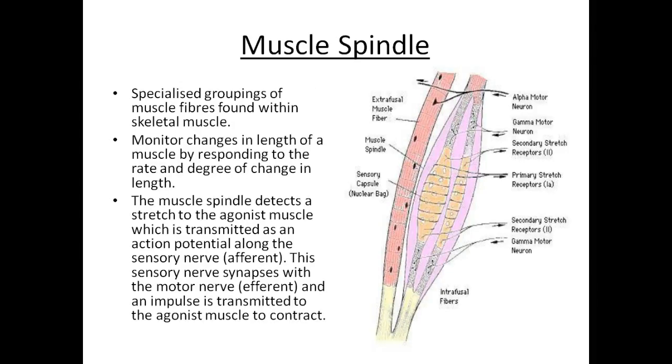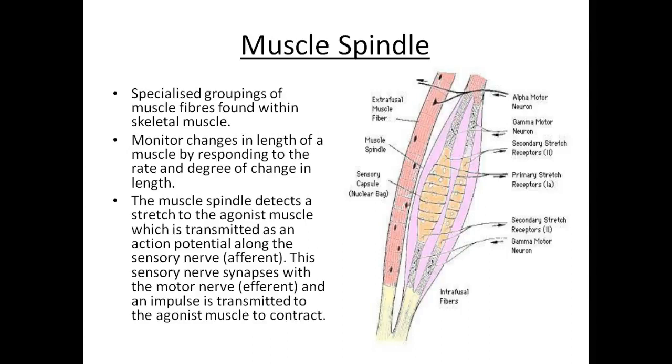So the muscle spindle itself is a specialized grouping of muscle fibers found within skeletal muscle, and it's going to monitor the changes in length of a muscle by responding to the rate and the degree of change in length. So that's the speed, and the degree. That's important to changes in length.